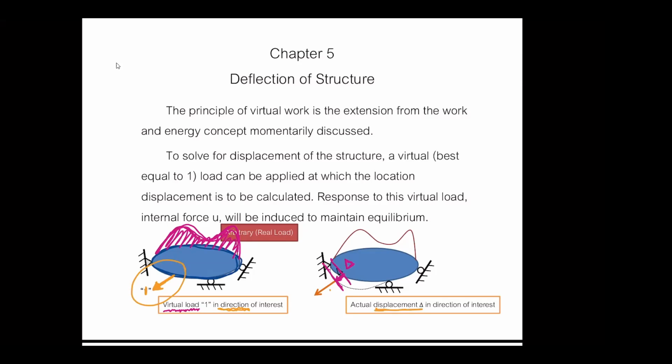Okay, so this is the displacement delta here, same delta. So you can guess now that the work done by this virtual load is equal to the load itself multiplied by this delta. And of course, it is called the virtual work. Is there any question? Any question? So we are crystal clear, right?